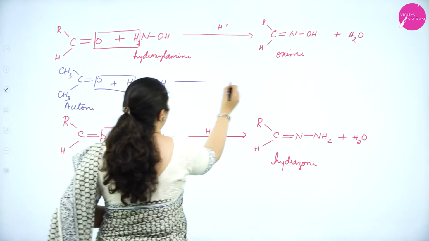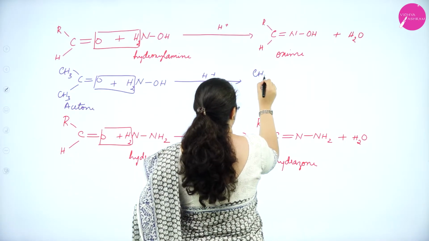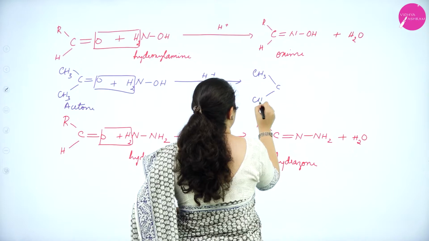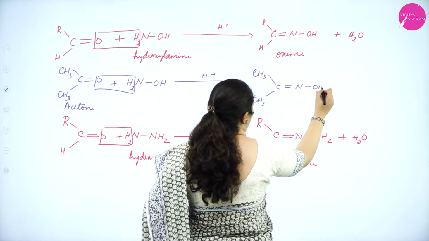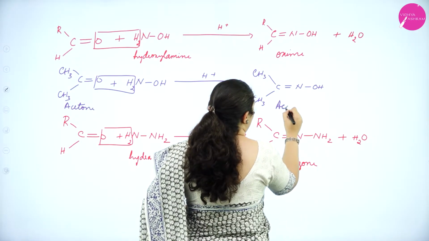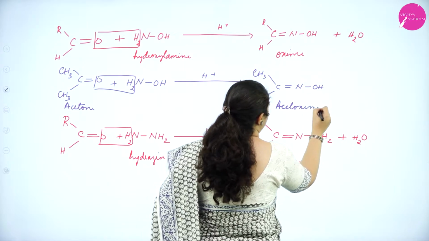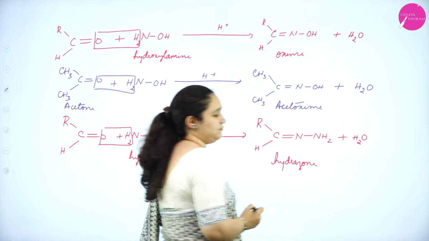Water will be removed. So the product will be CH3, C, CH3 double bond NOH, that is acetoxime is formed, okay, with water which is removed.